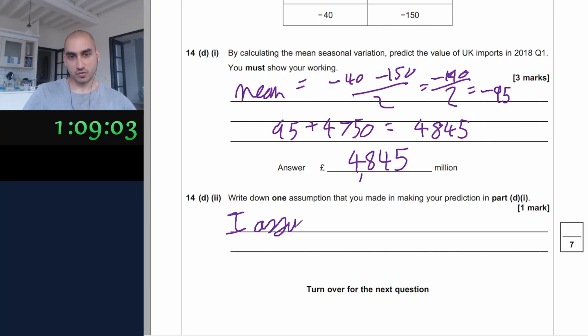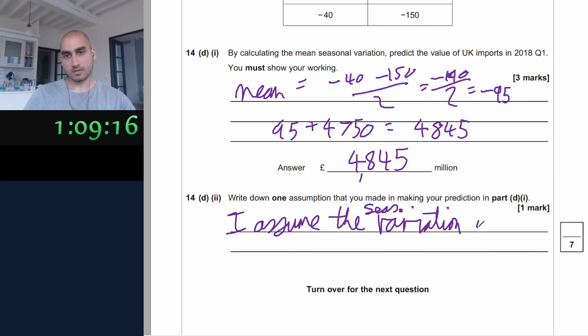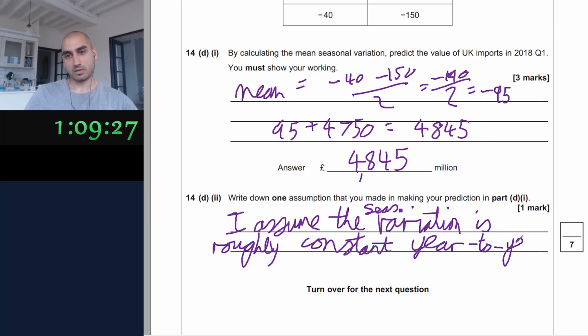I assume the seasonal variation is roughly constant year to year.